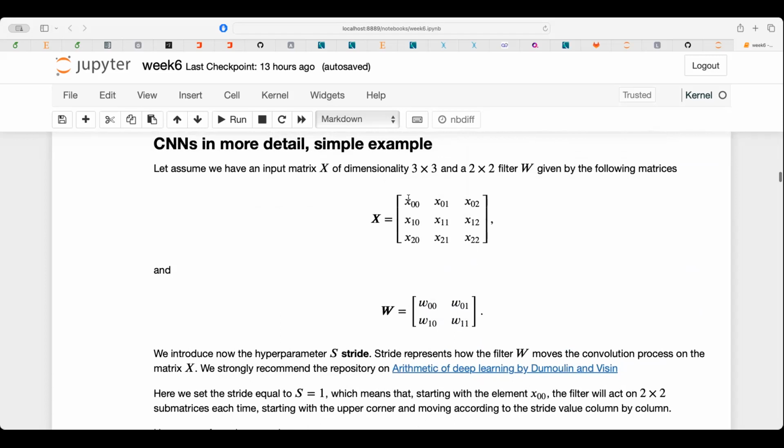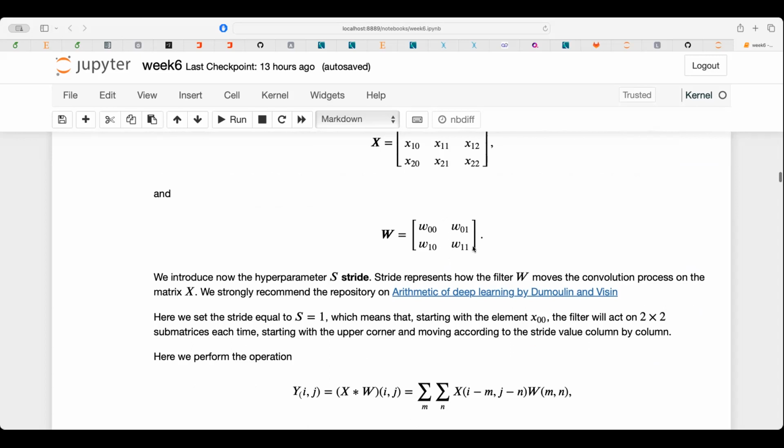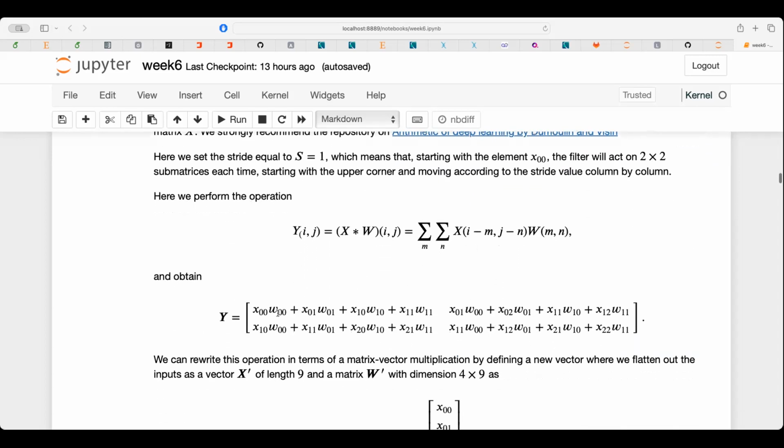So these are the corners, x00, x02, x20, and x22. These corner elements appear only in one of these outputs, whereas the other elements appear in all of them or many of them.